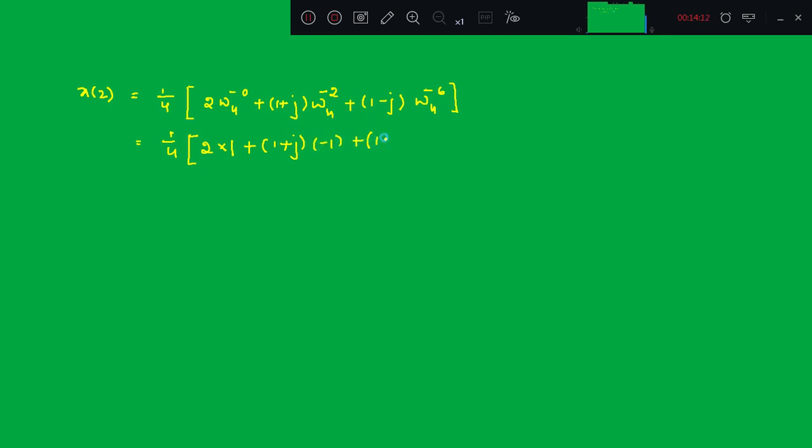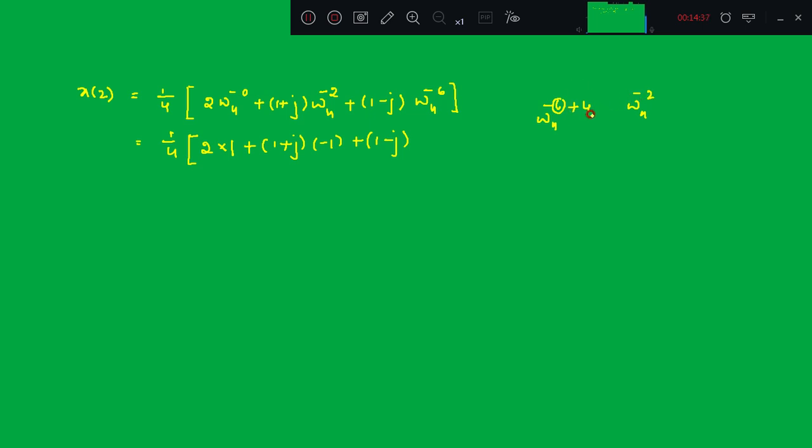plus 1 minus j, and this w4 raised to minus 6, look at this 6, right? So which is greater than 4, right? So what you have to do is, here we have to add plus 4. So that is nothing but w4 raised to minus 2. So in the previous case we have subtracted from 4, and here we have added plus 4.